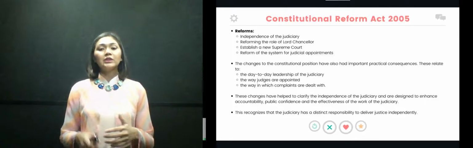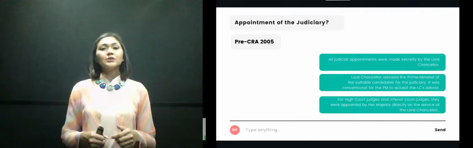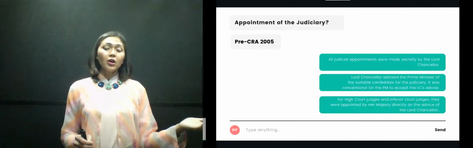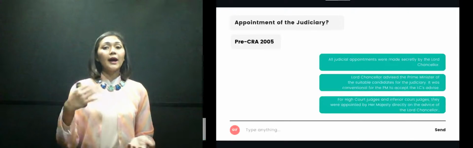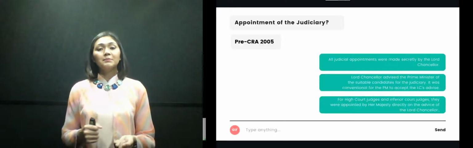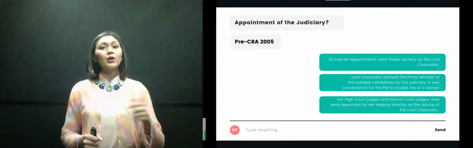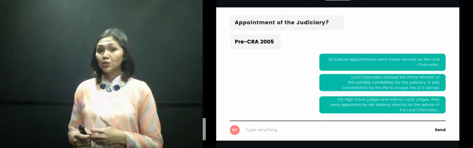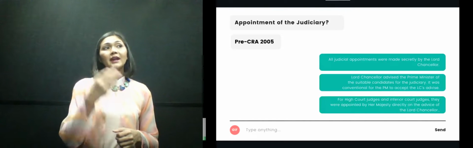So we look into the next slides with regards to the appointment of judiciary. Before the Constitutional Reform Act, judges were appointed basically by way of invitation. The Lord Chancellor will invite whoever's interested, but he will select certain people.